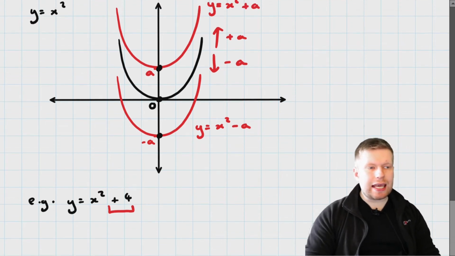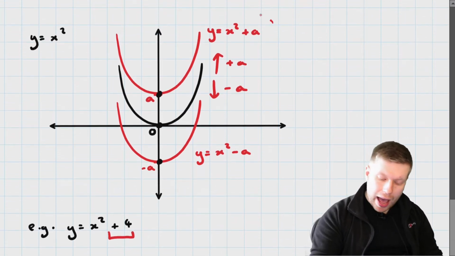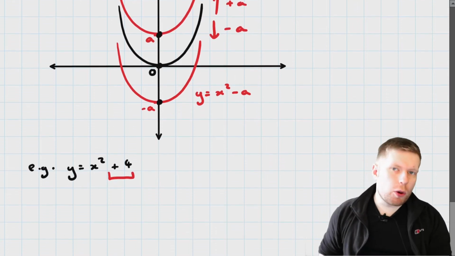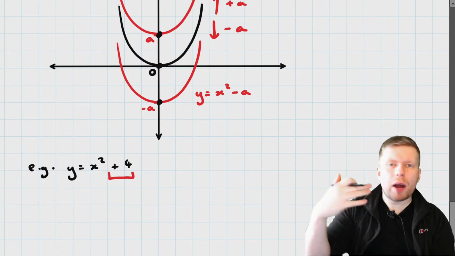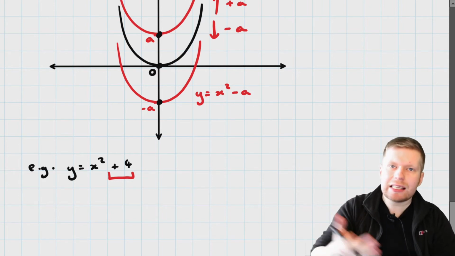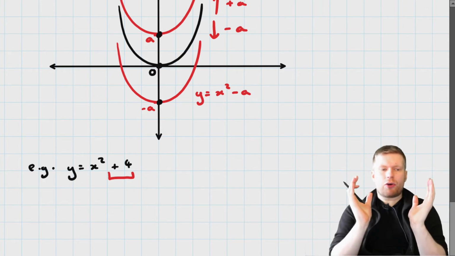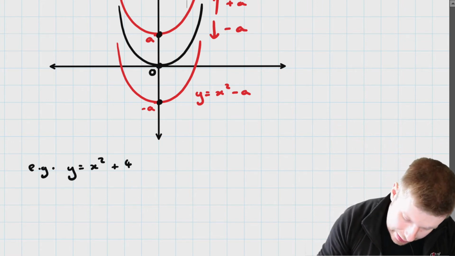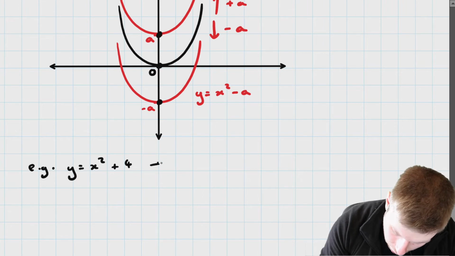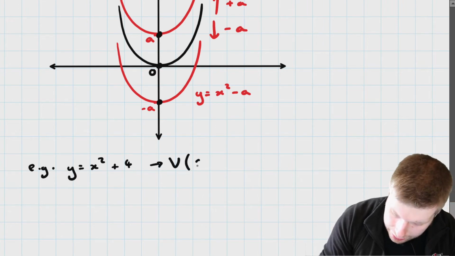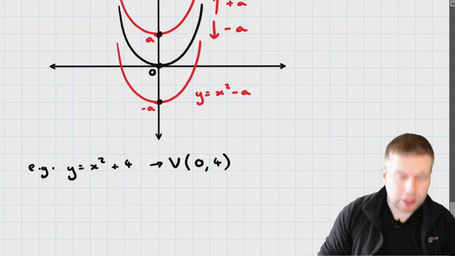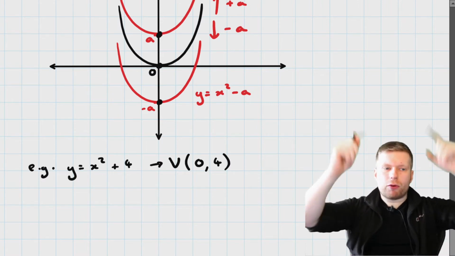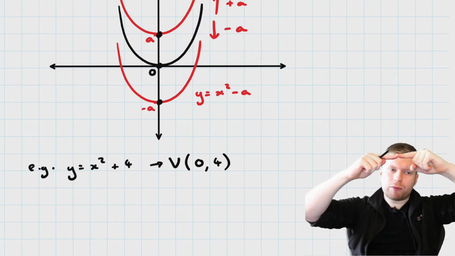We've just seen that if you add on some particular value to y equals x squared, then you're just moving it up or down by whatever you add on. So in this case, I'm adding on 4, which means I'm moving the graph up by 4. That means the vertex of this graph is going to be at 0, 4, because I've moved the entire graph up by 4, which means the vertex also gets moved up by 4.